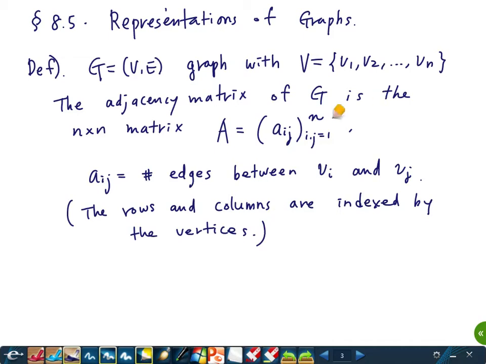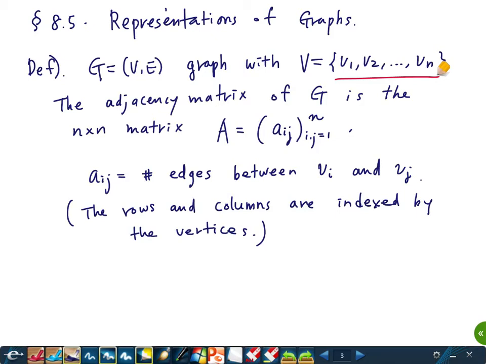And of course, here we have to specify the ordering of the vertices, because if you write down the matrix, you have to specify which is the first row, the second row, etc. So it is assumed that we have this ordering V1, V2, etc.